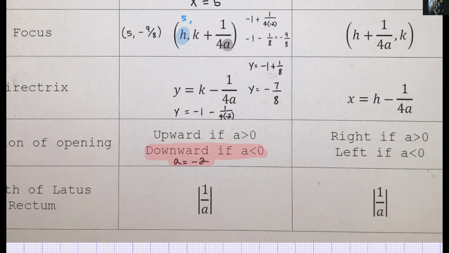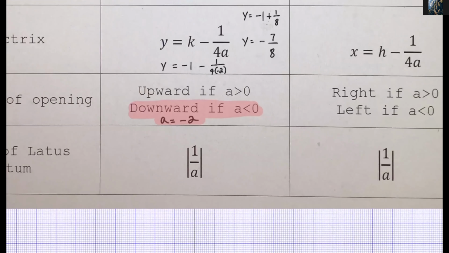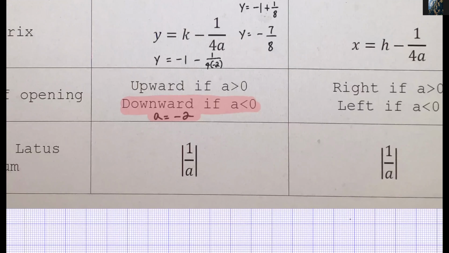And finally, the length of the latus rectum will be determined by the absolute value of 1 divided by a. So I do my substitution, and I have that the absolute value of -1/2 will be 1/2.